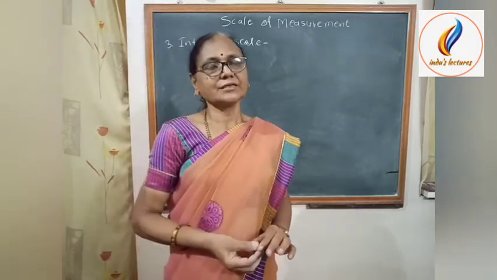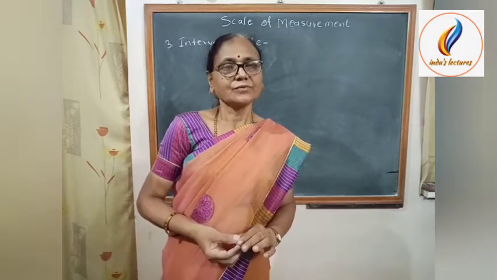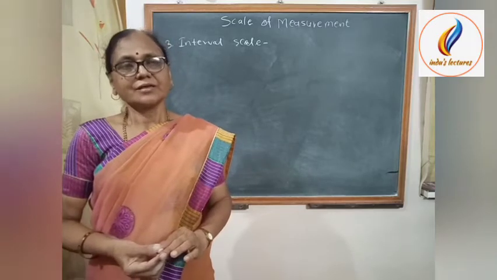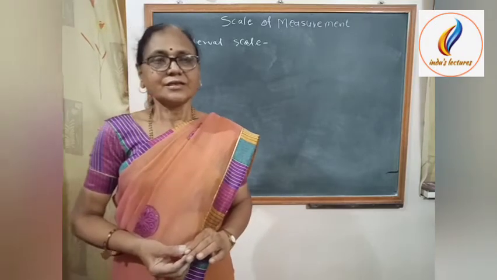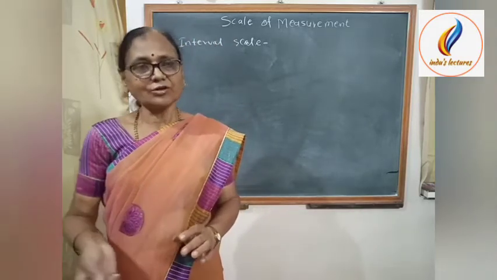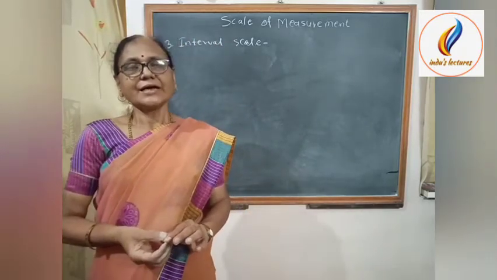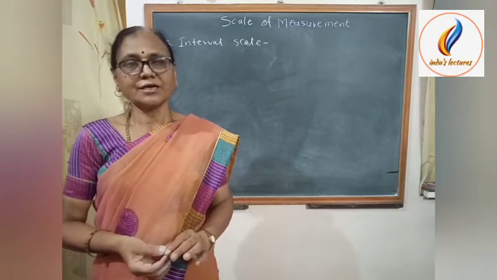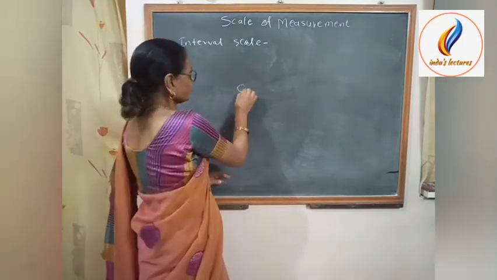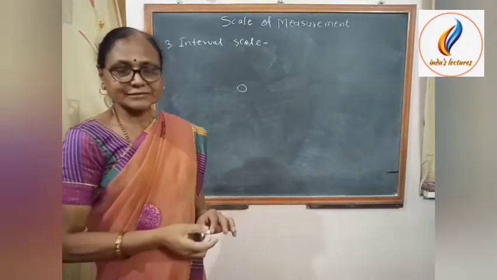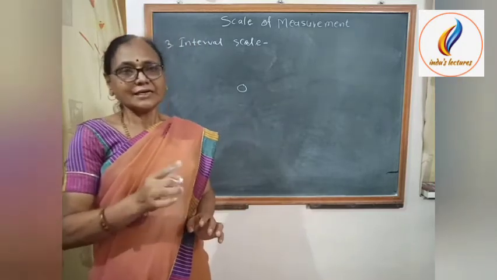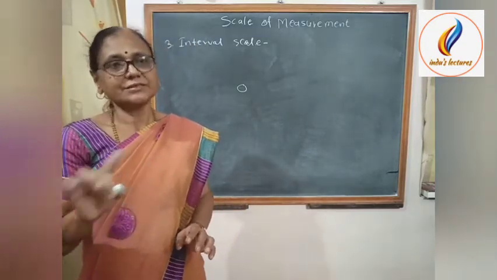If we measure the intelligence of students by an intelligence test, then the scores are in equal units, but it has no true zero, because if a student obtains zero score on an intelligence test, it does not mean that the intelligence of that student is zero.